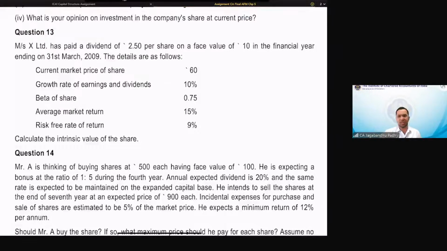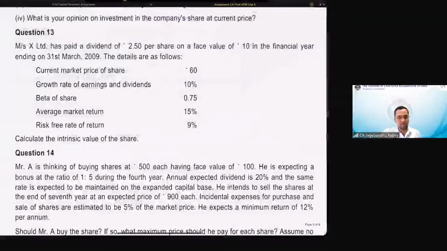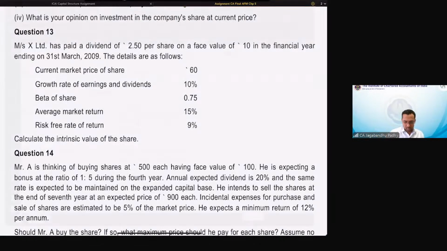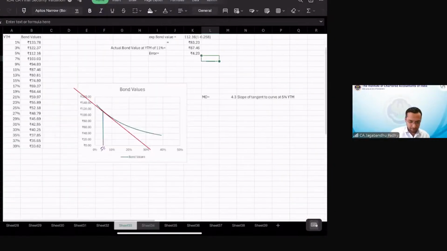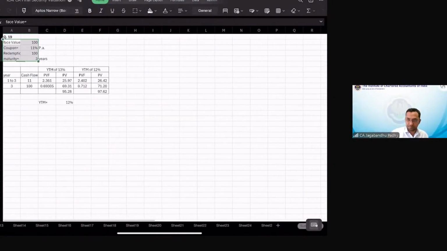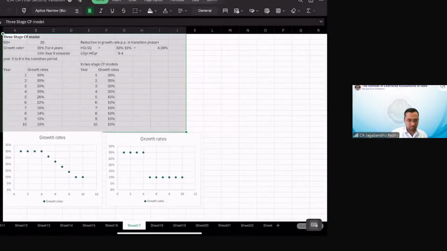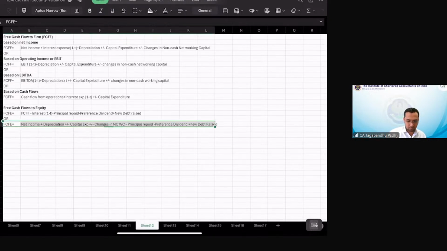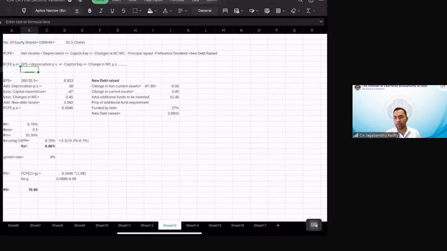We haven't done question 13, it seems. We have completed almost all the sums of Test Your Knowledge.